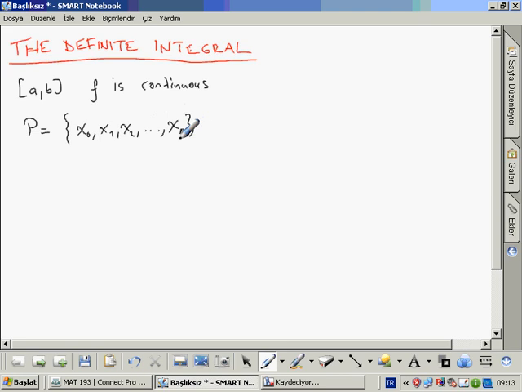That means we have n plus one different points on the closed interval [a, b], and a equals x0, less than x1, less than x2, and it goes on like that, and xn is equal to b, okay?